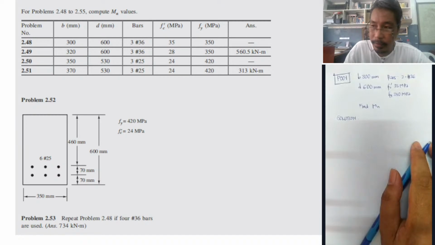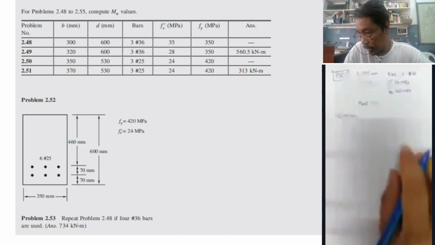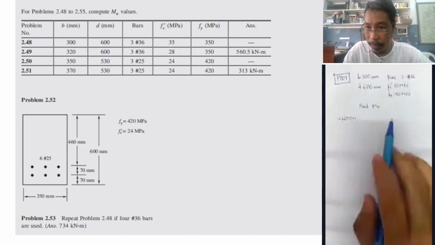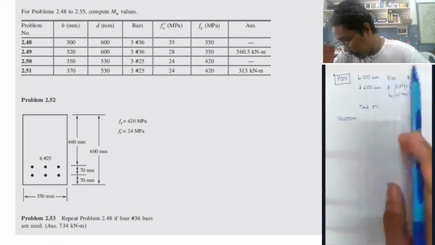That is our ideal situation. However, if the situation is given the dimension of the cross-sectional area, so let us imagine it.